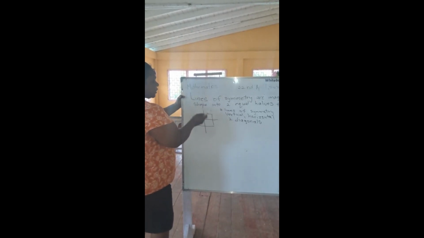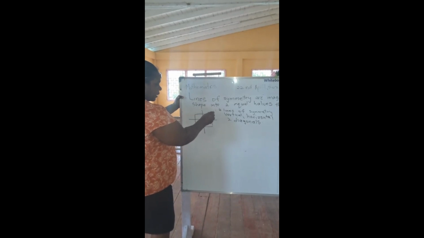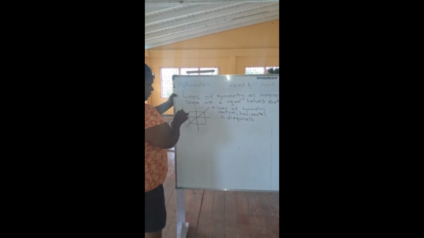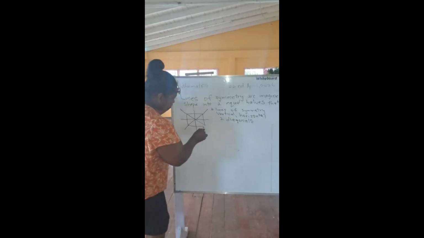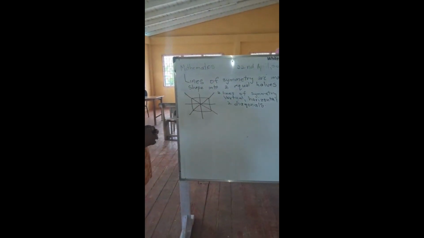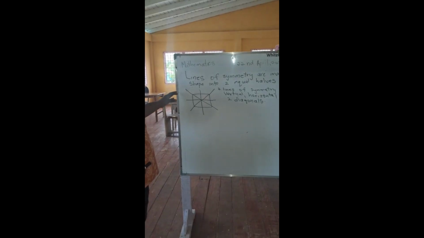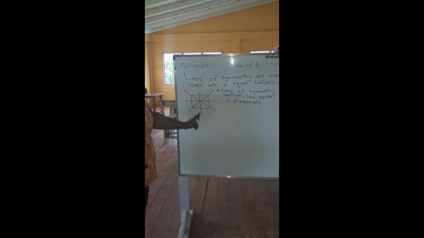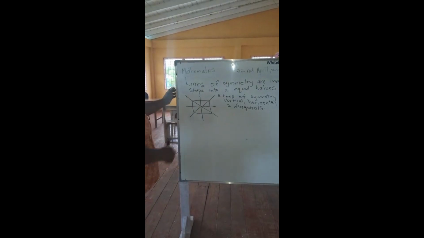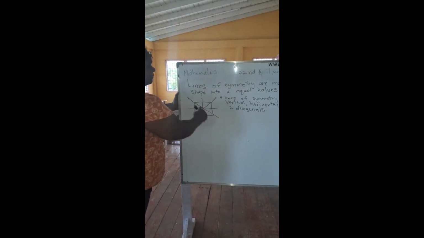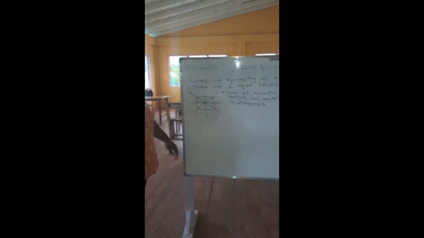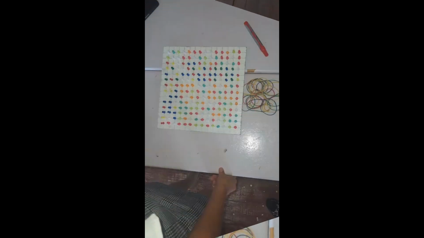When you look here, you see the same thing up there. And 2 diagonals. Right? So we have 4 lines of symmetry. 1, 2, 3, 4 lines of symmetry. So now we're going to demonstrate that on the geoboard.